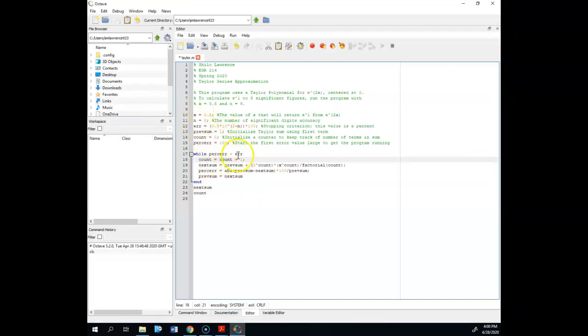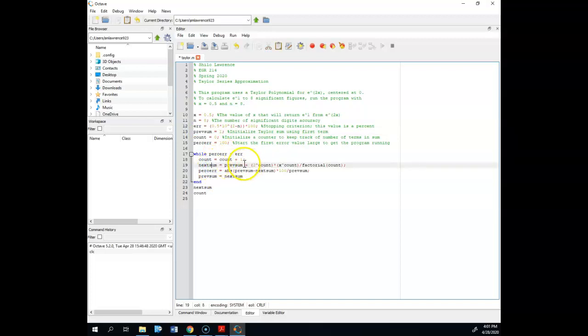This is going to change my counter value to 1, and it's going to include a linear term in my approximation. And I get it by plugging 1 into that Taylor formula. So I want to create another sum, and I don't yet want to replace my previous sum because I'm going to need 2 sums to subtract and divide in order to come up with a percent error.